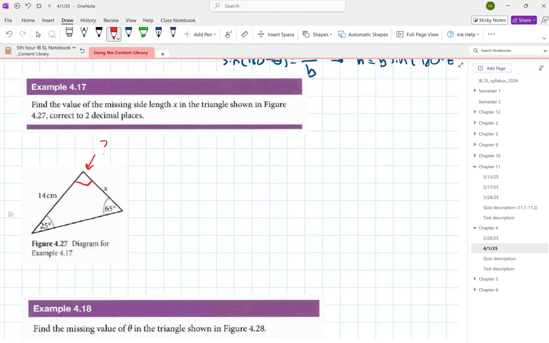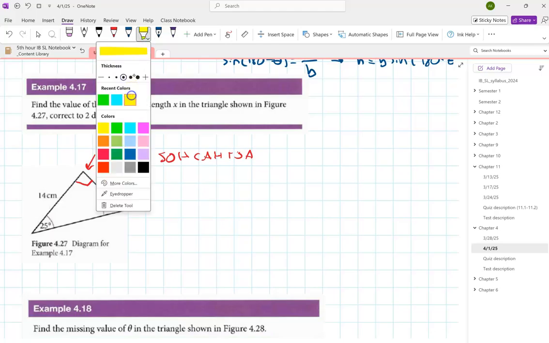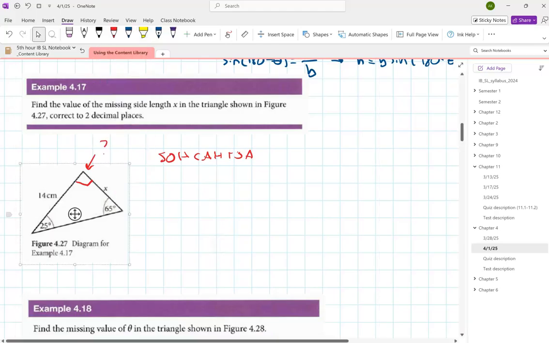So is there any kind of complication here? No, what should we just do? It's SOHCAHTOA, right? So let's pick an angle to use. Does it matter which angle we pick? Not really. For the sake of argument, let's do the 25 degrees.